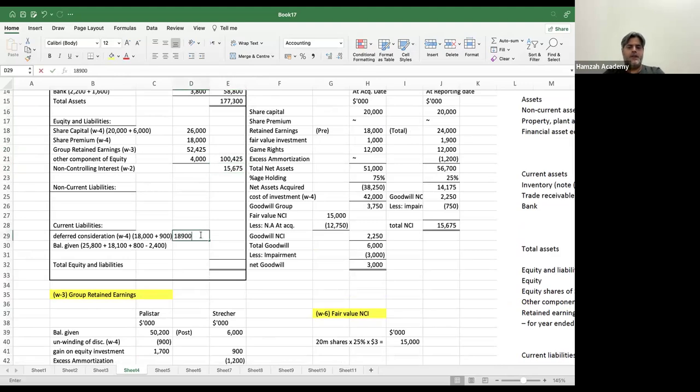So this is going to be 18,900. This is going to be 25,800, 18,100 plus 800 minus 2,400. 177,300. Right? So this is what we have over here. Okay. I hope it's clear. Now, we'll start another question within 2 or 3 minutes.